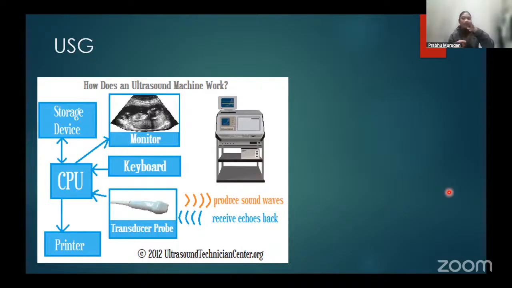Sound travels in waves, so it will go and hit an object and be reflected back as echoes. These echoes will be captured by the same transducer, which is connected to a computer monitor. This will analyze the echoes, capture the signals, and give you the image. So this is the mechanism behind your ultrasonography.